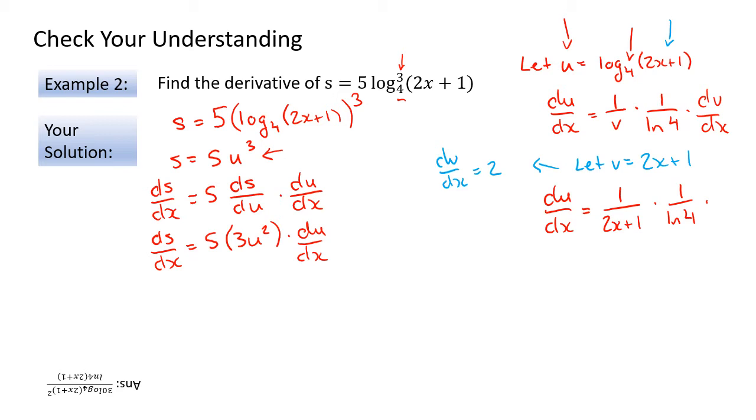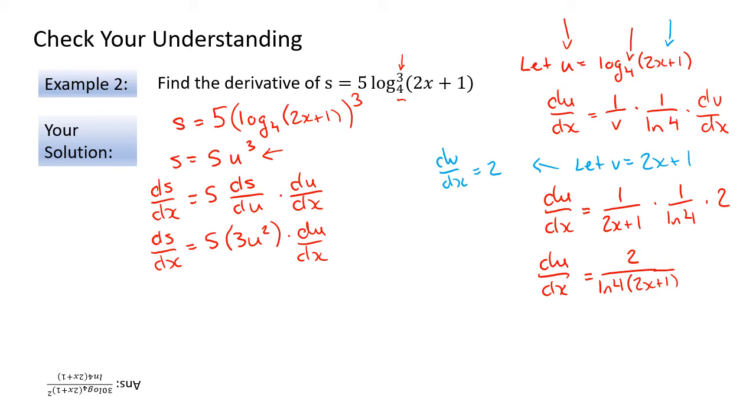If we substitute that value in, multiplied by 2, and collect these terms together, du by dx is simply equal to 2 divided by ln 4 times 2x plus 1. I simply multiplied all the numerators together and then divided by multiplying all the denominators together.